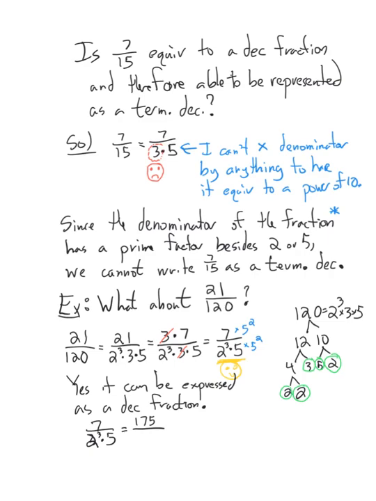Over, well, we have 3 2s and 3 5s, so we have 3 tenths, so we have 1,000. So 21 over 120 is the same as 0.175, 175 thousandths.